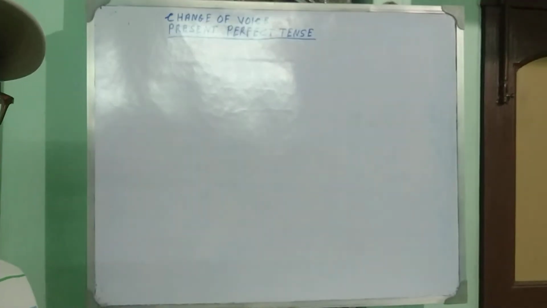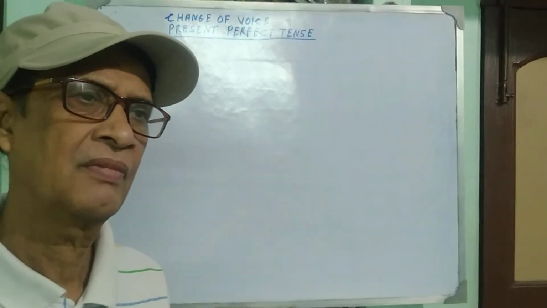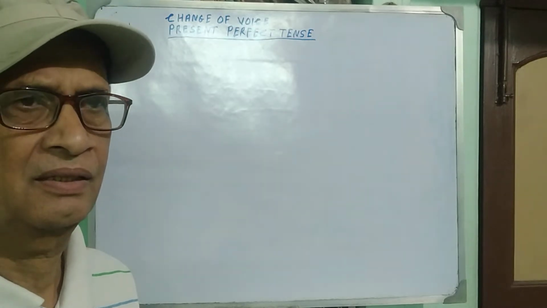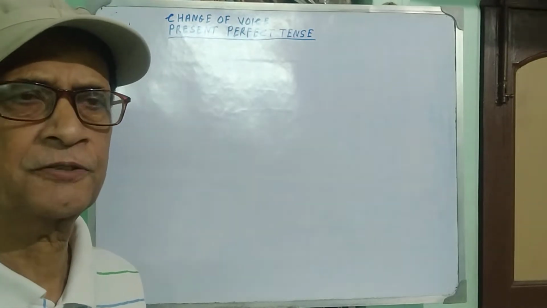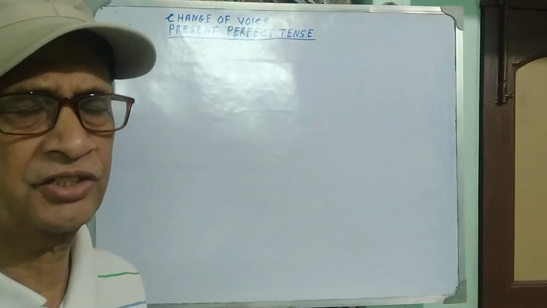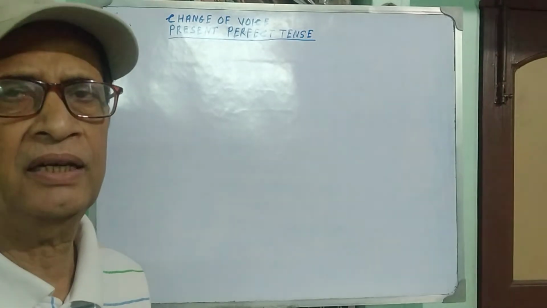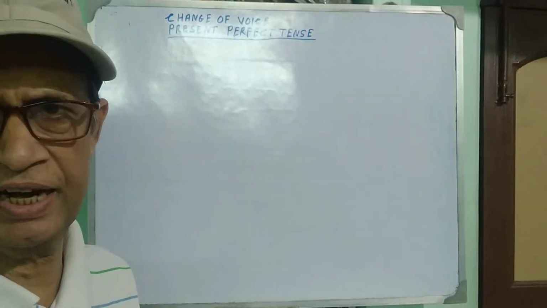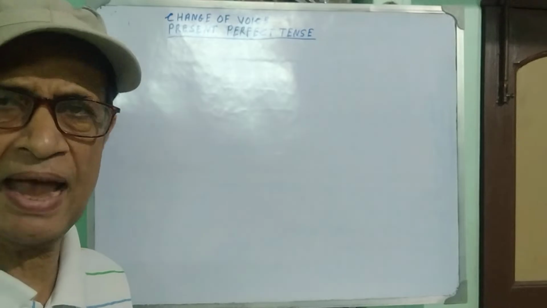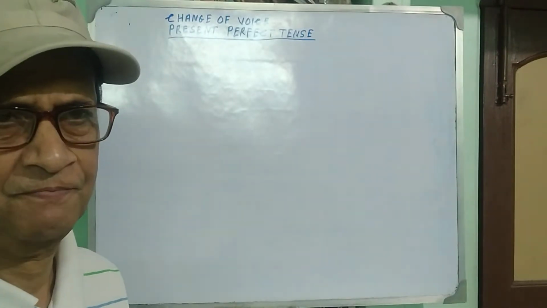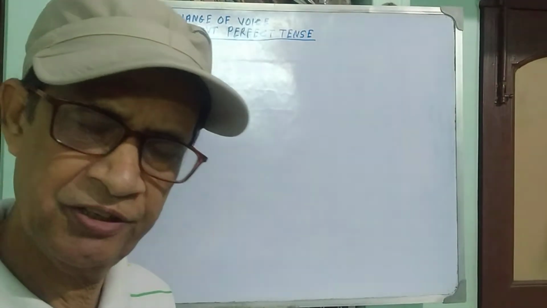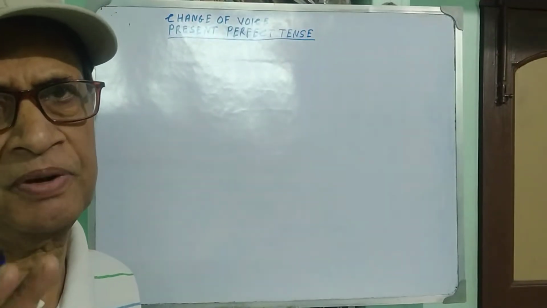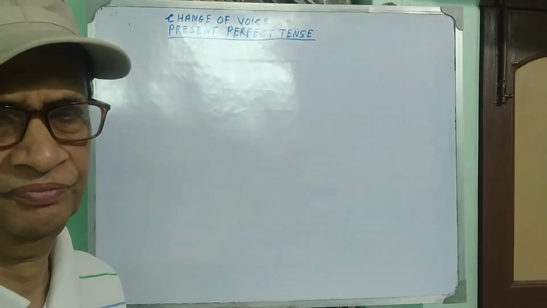So, at the very beginning of my topic, I want to remind you that present perfect tense is a tense when the action or the work has just ended and its impact or its effect is still present. Just at this moment, the verb takes the present perfect form.